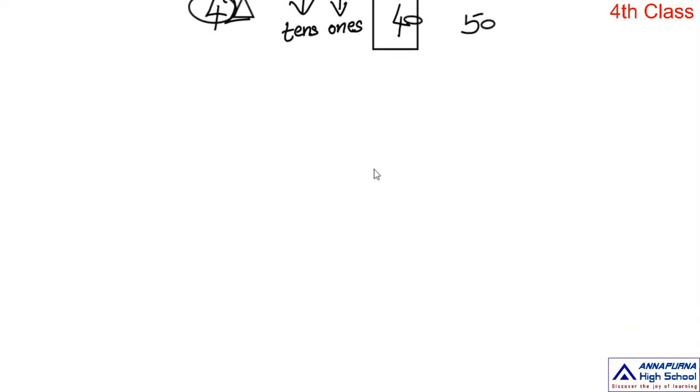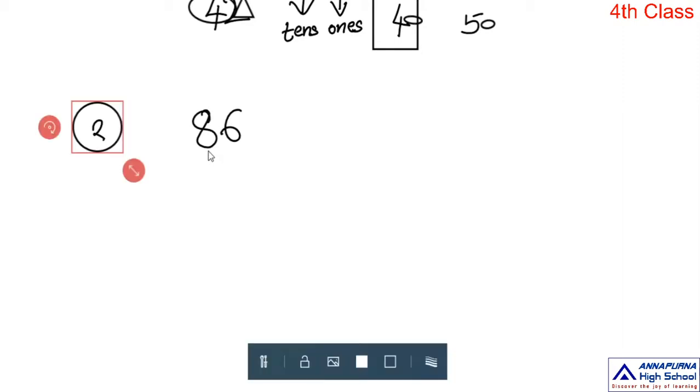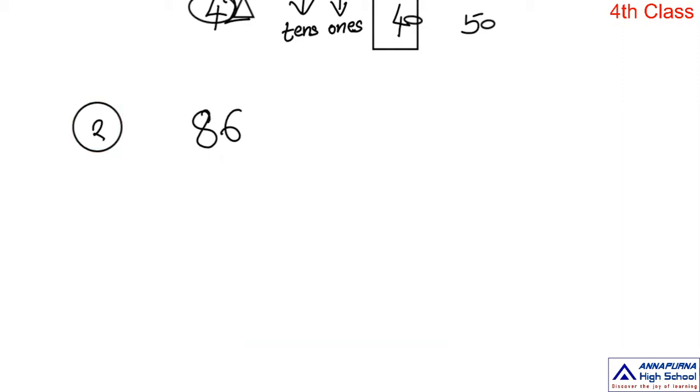So 86. What is the number children? 86. Okay children. So 6 is in the ones place, 8 in the tens place. We have to round it to the nearest tens.